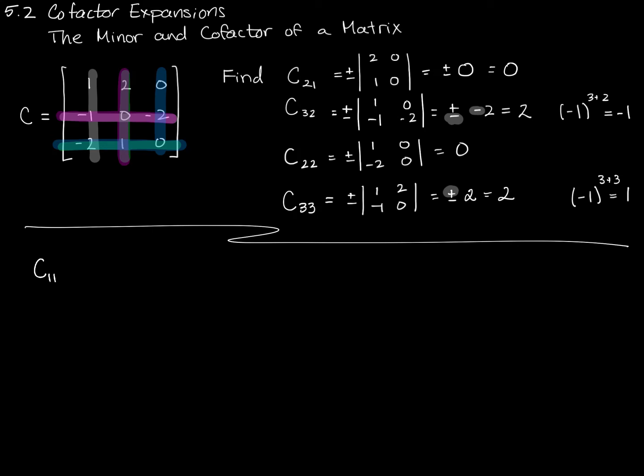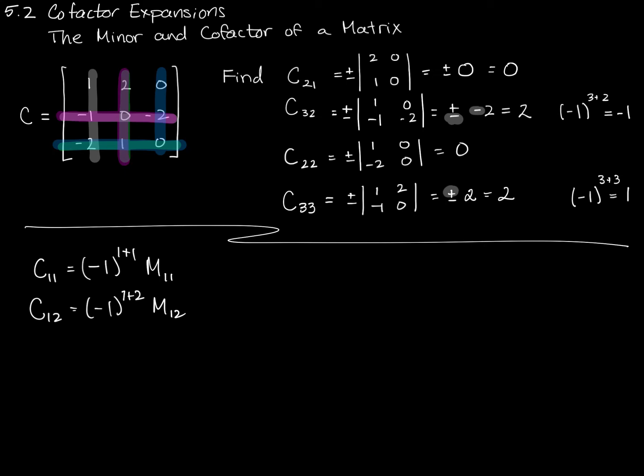Cofactor 1, 1 is going to have a sign that is -1 to the power of 1 plus 1 times the minor 1, 1. Cofactor 1, 2 is -1 to the 1 plus 2 times the minor of 1, 2, and so on.